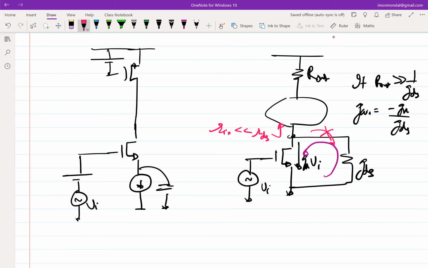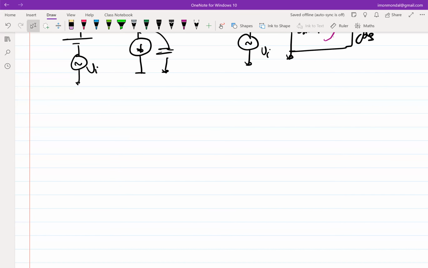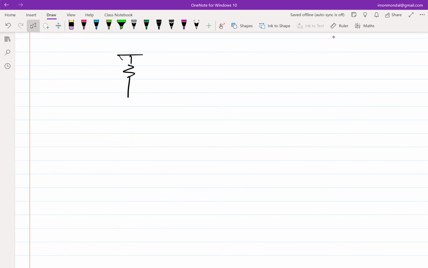So do you know any single transistor structure where the Rin is low with respect to RDS? Source of an NMOS, right? So in this case, NMOS. So fine. So let's put a source of an NMOS there. Let's sketch the incremental first, then we'll do this biasing later.